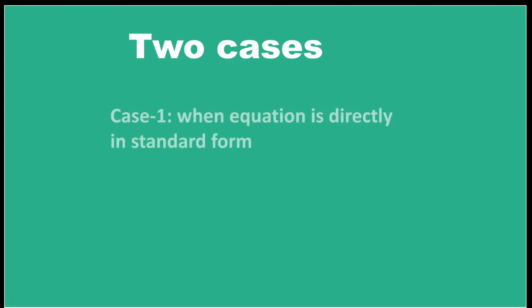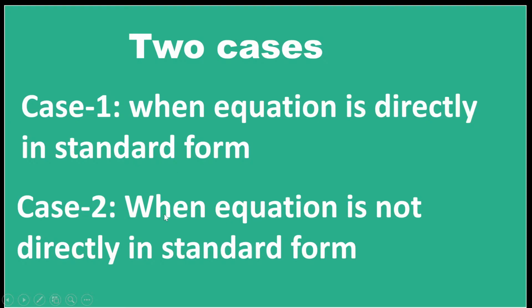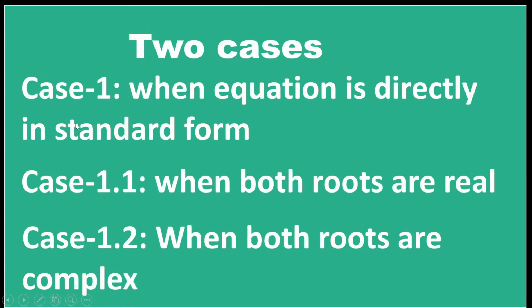We will discuss two cases. Case 1, when the equation is directly in standard form, and then case 2, when the equation is not directly in standard form. In case 1, when we solve the equation, there are also two cases.